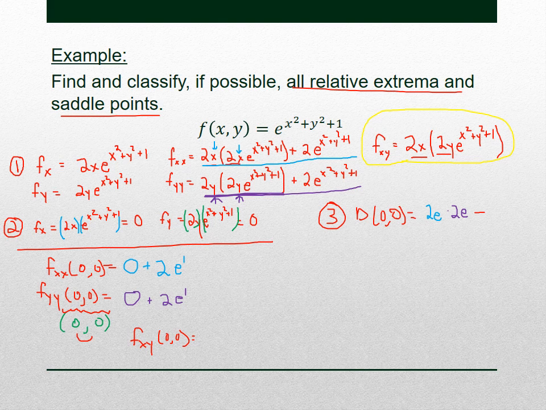It's going to go to 0 when you plug in y equals 0. So we get a 0 plus, and then again, just like before, it's 2e to the 0 squared plus 0 squared plus 1, so 2e to the 1. So fyy, when we plug in (0, 0), is also 2e.